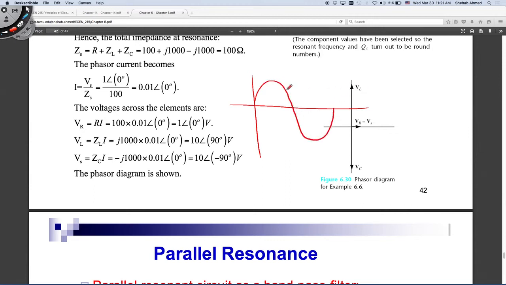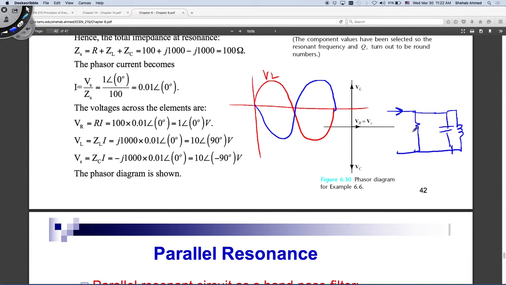If this is inductor voltage, VL, capacitor voltage will look like this in the half cycle, at the same time. They will be 180 degrees out of phase. So this is my resistor here, and this is my LC combination. If you push a current into the circuit, the corresponding voltage appears.